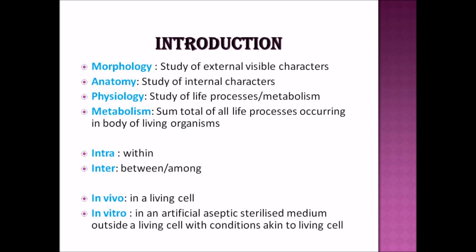The only difference is that in vivo fertilization occurs inside the body, whereas in vitro occurs in the laboratory in an artificial medium. But the conditions are the same because otherwise the process of fertilization cannot occur.